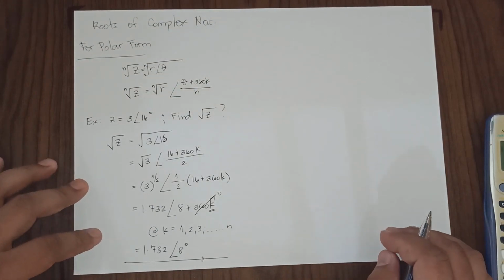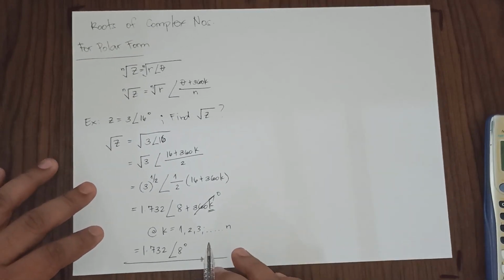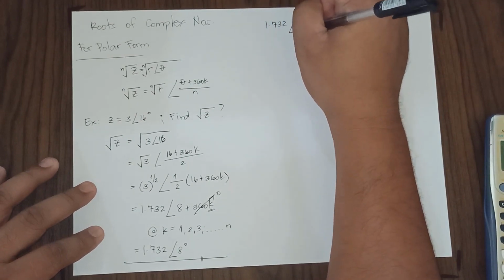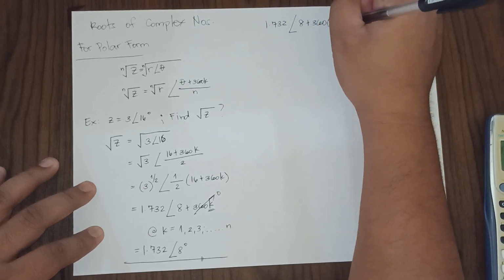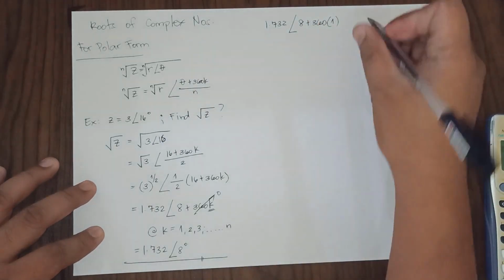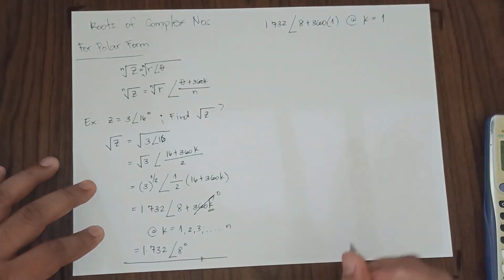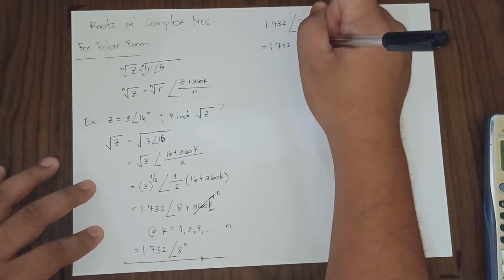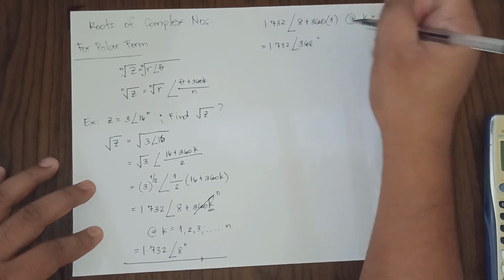What if nagbigay yung examiner ng k is equal to 1? E di 1.732 bar angle of 8 plus 360 times 1, at k is equal to 1. So that is equal to 1.732 bar angle of 368 degrees.